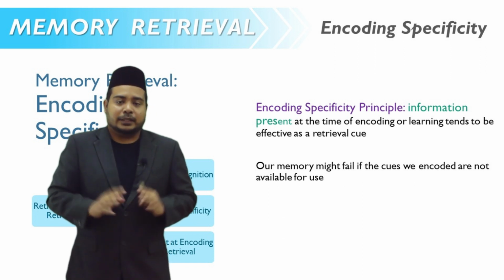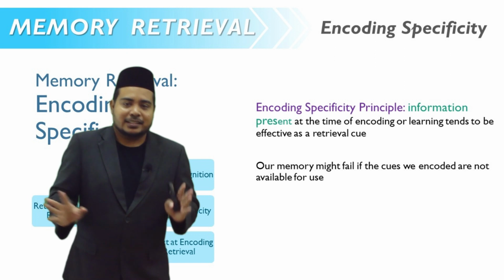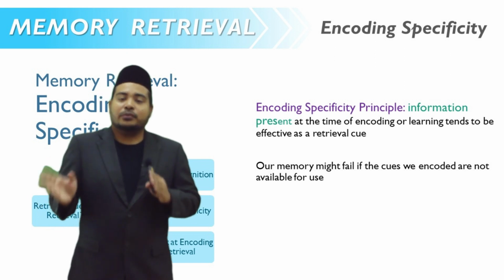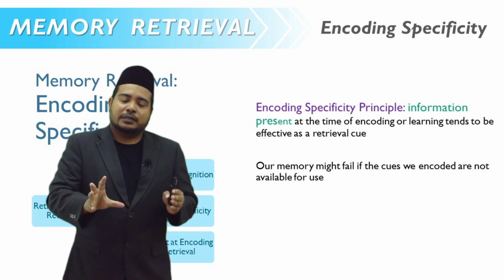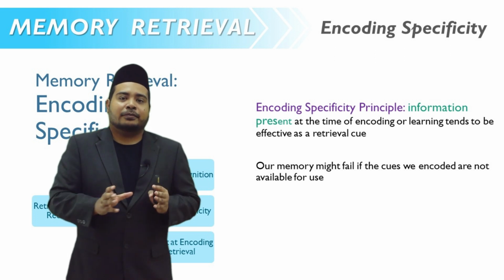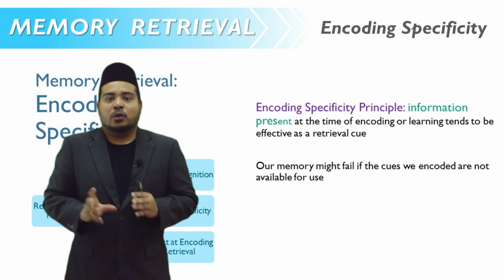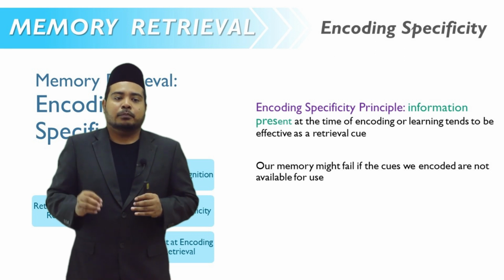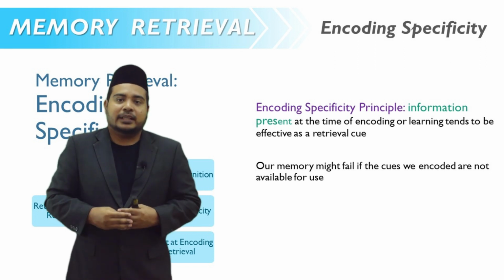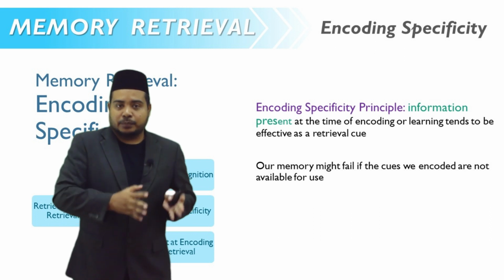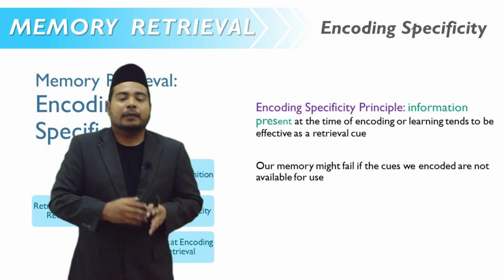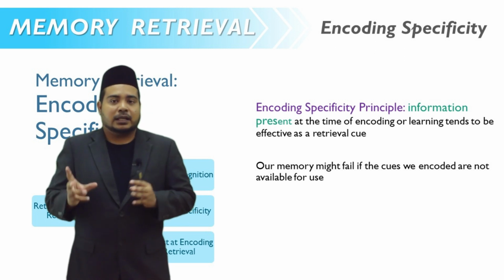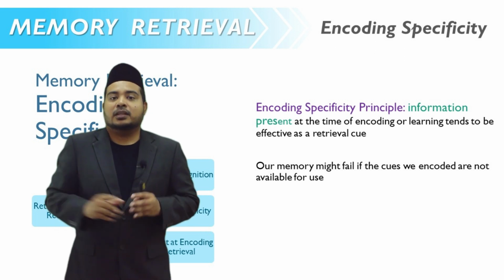There are a lot of answers, but when we relate back to the concept of encoding specificity, we actually have an explanation why people are unable to reproduce what they learned last semester or during last semester's final exam. Why? Because the condition, the context, and the situations are not the same.